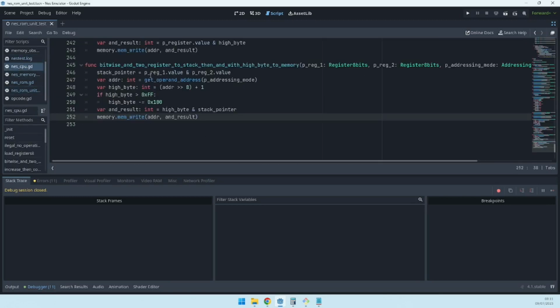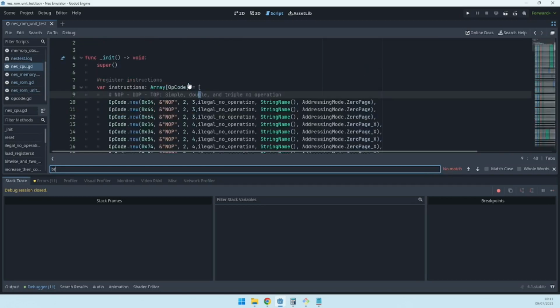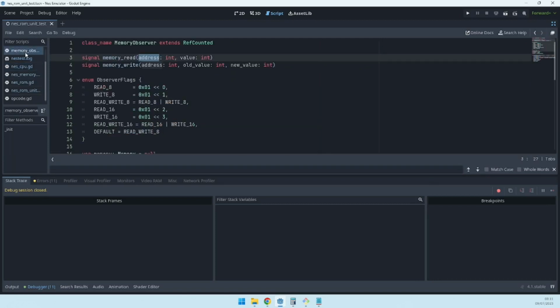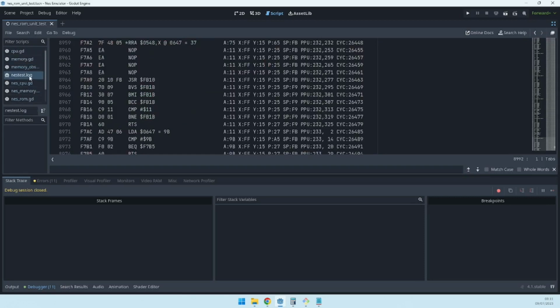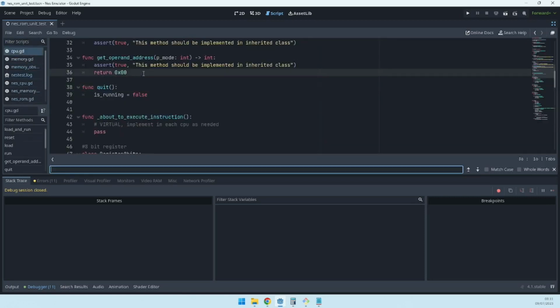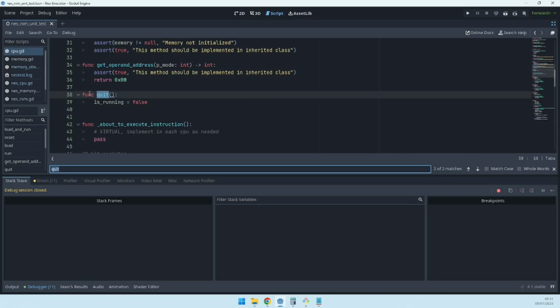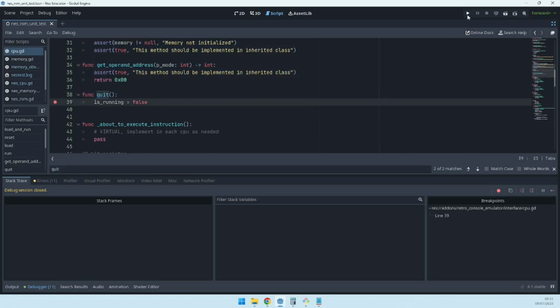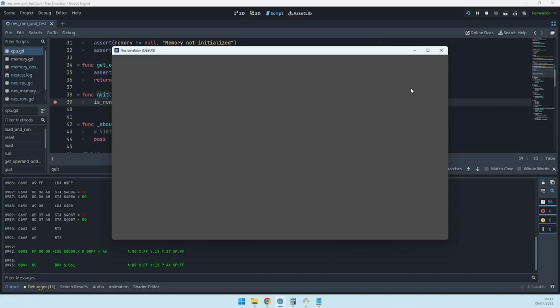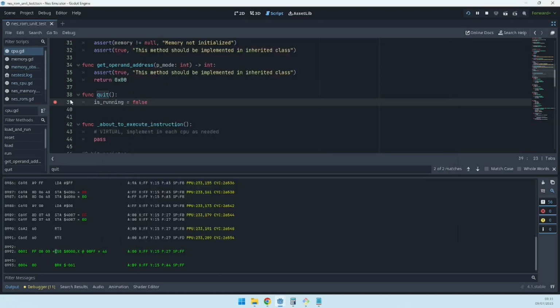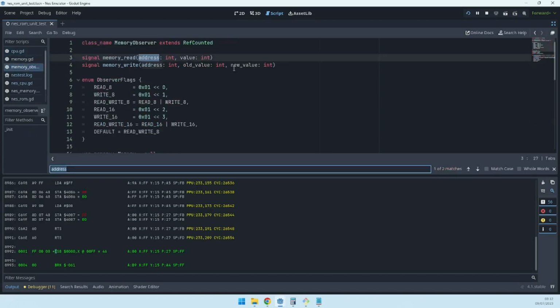Maybe in the CPU break. Quit. So if I pause, it did not pause. Do I have quit override?